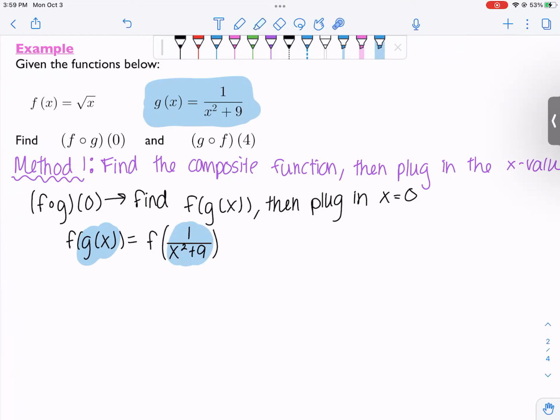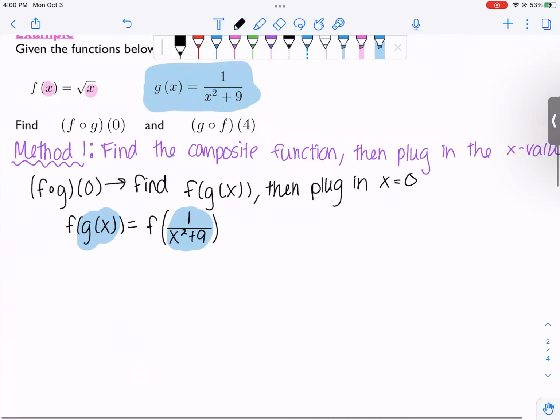And I'm plugging that into this function over here, this f of x function. So where I see an x, I'm instead plugging in 1 over x squared plus 9. So this is the square root of 1 over x squared plus 9.